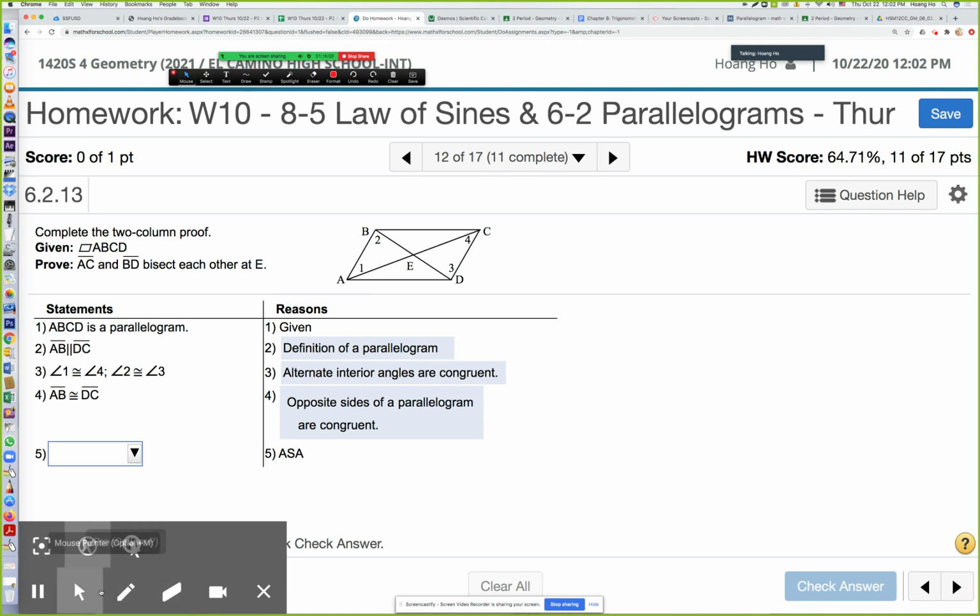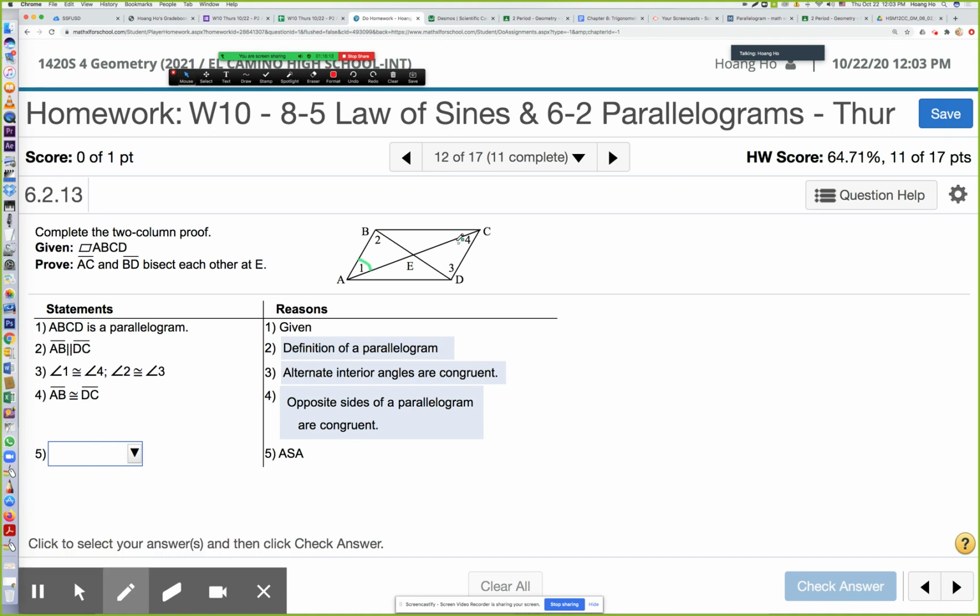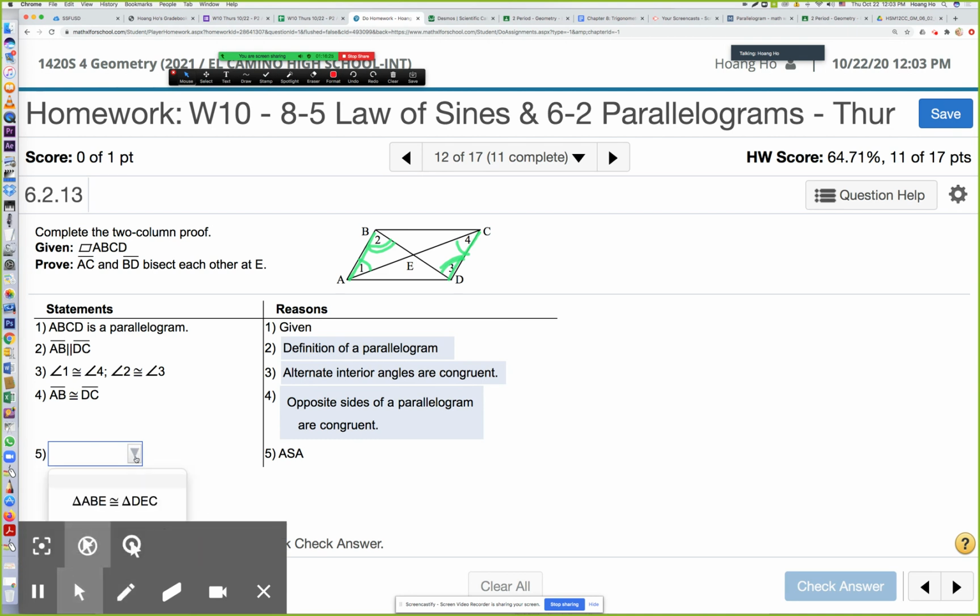Now you should prove that these two triangles are congruent by angle-side-angle. We proved that angle 1 equals angle 4, angle 2 equals angle 3, and the two opposite sides equal each other. Therefore, the two triangles are congruent. So let's list the names of the two triangles correctly. ABE, DE, no, not correct.